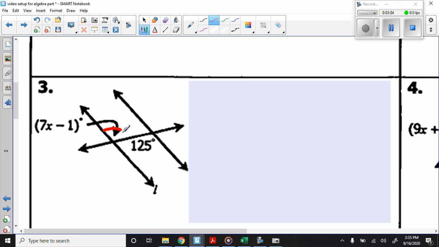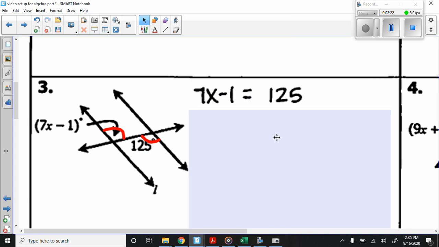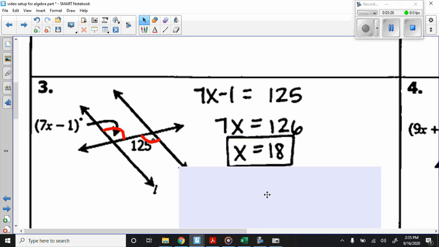But this is pointing here, and the 125 is supposed to be in this picture, at least that's what I thought. So these are both interior of the parallel lines, and they're alternate. So alternate interior is one of our congruent relationships. So I put them equal to each other, and there's me showing you my process to get the 18.